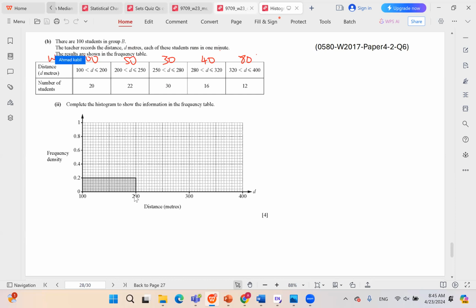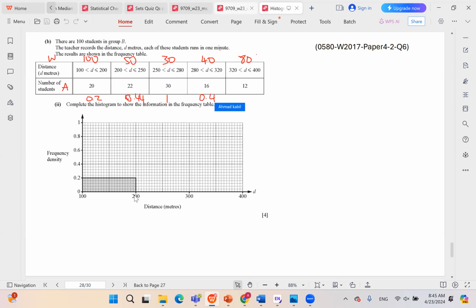So we divide the area by the width. The number of students is the area because this is the frequency. 20 divided by 100 is 0.2. 22 divided by 50 would be 0.44. And then 30 divided by 30 is just 1. 16 divided by 40 would be 0.4.